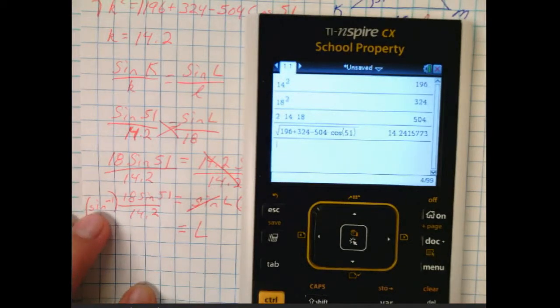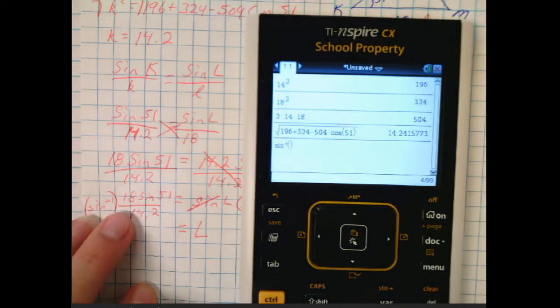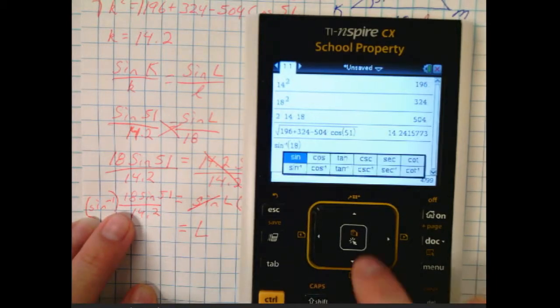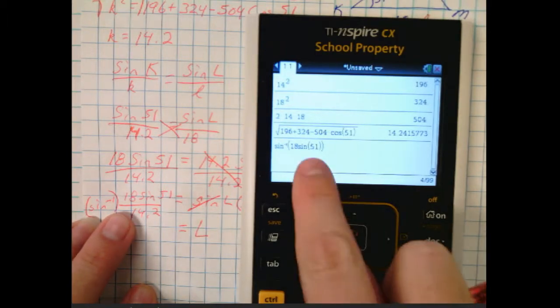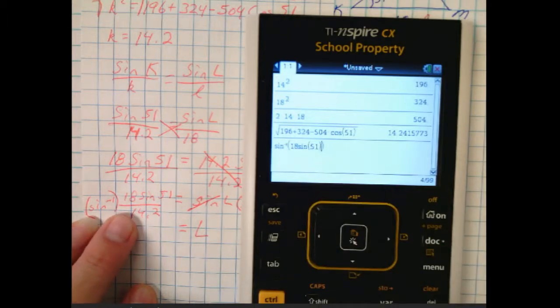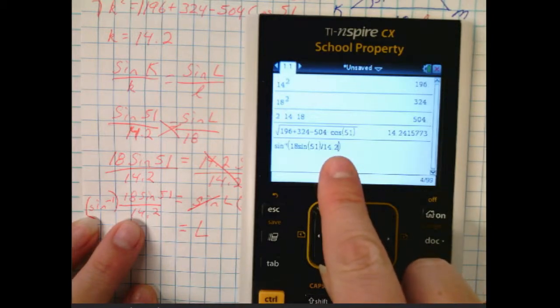I'm going to start with my sine to the negative 1, so I'll go to my trig functions, sine to the negative 1. And then in my parentheses, I'm going to put 18 sine of 51, and then outside of the parentheses for that 51, I'm going to put divide, and then the 14.2. So I should still have a parenthesis on the right of my 14.2.